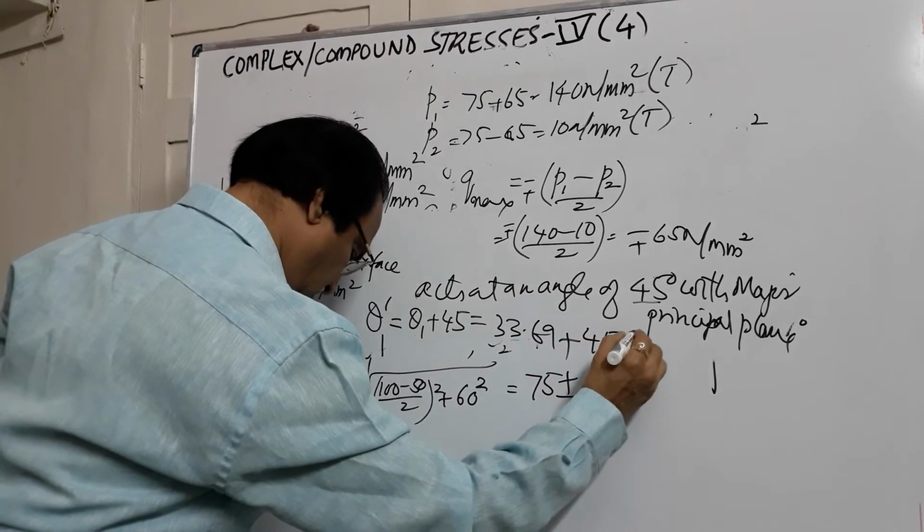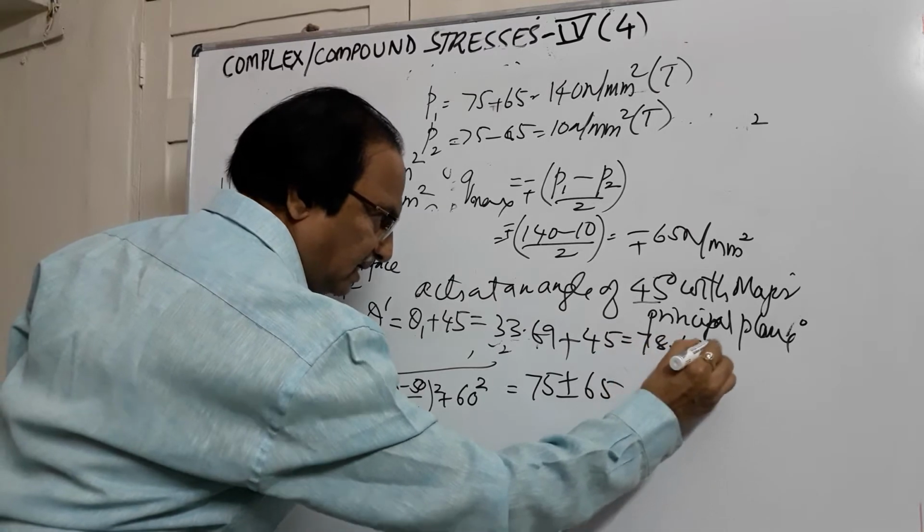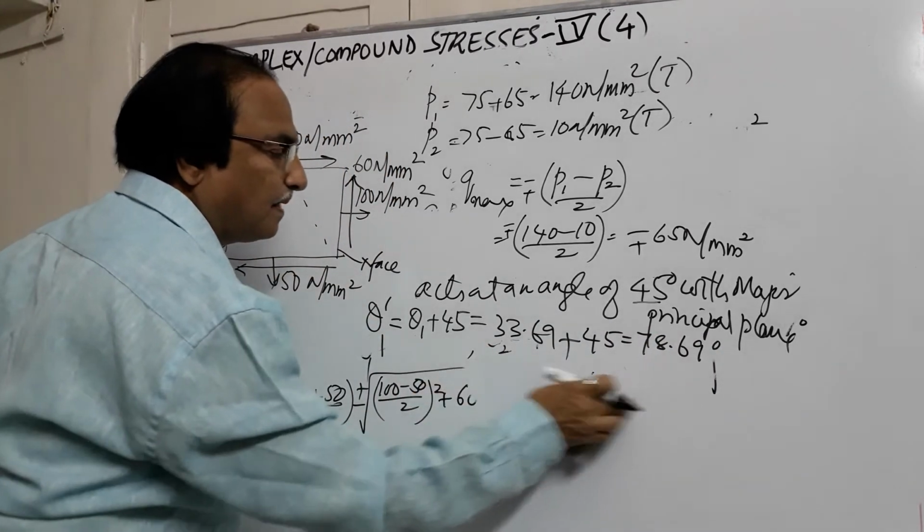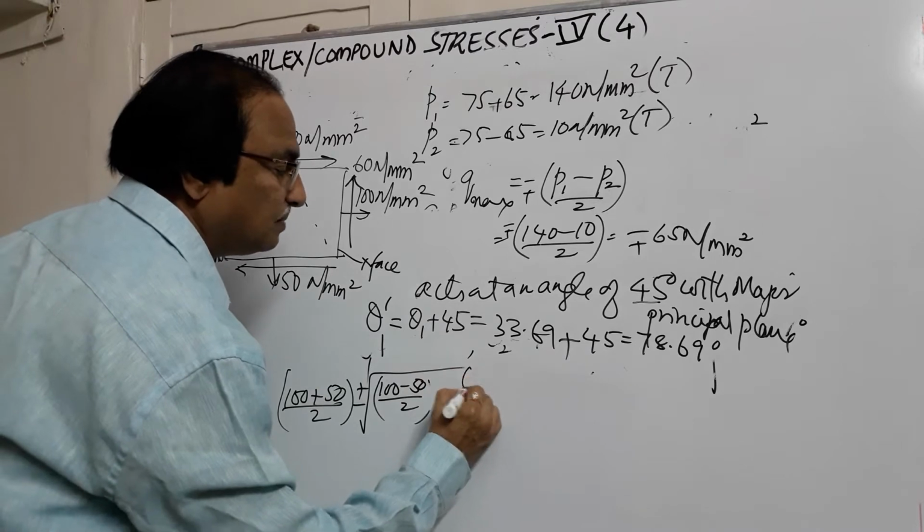So this will be equal to 78.69 degrees. Similarly, we will find out another plane, because there should be two planes.